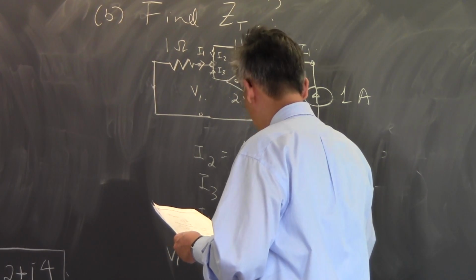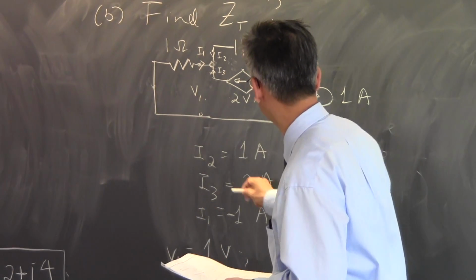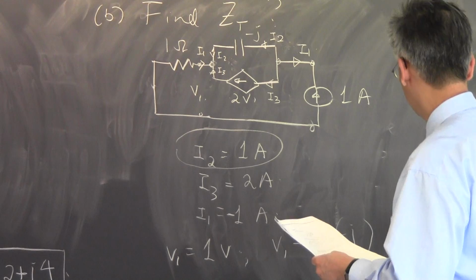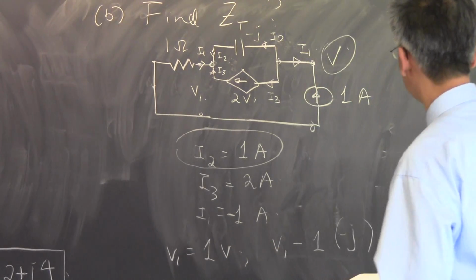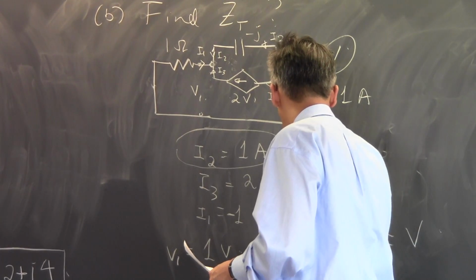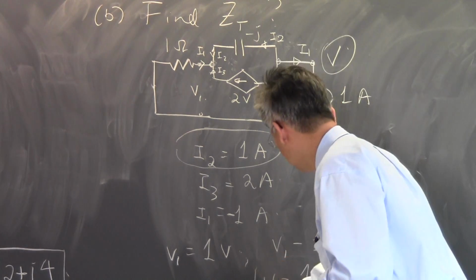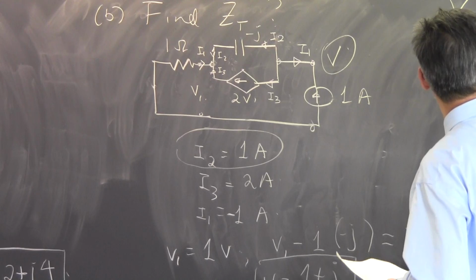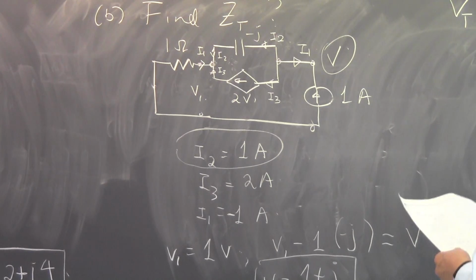And then V1 minus 1 amp that's flowing through this thing, times minus J, must be equal to V. The V is the voltage at this point, so V must be equal to 1 plus J. Which means that V Thevenin is just equal to 1 plus J. V Thevenin will be the voltage at this point which is driving the thing with the 1 amp current.